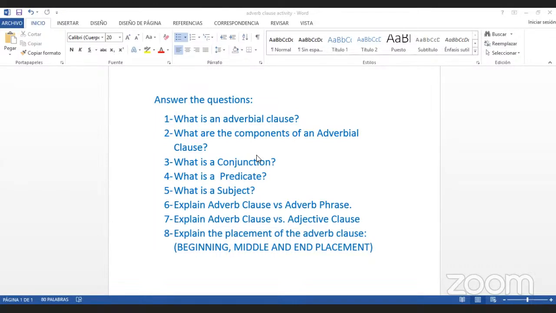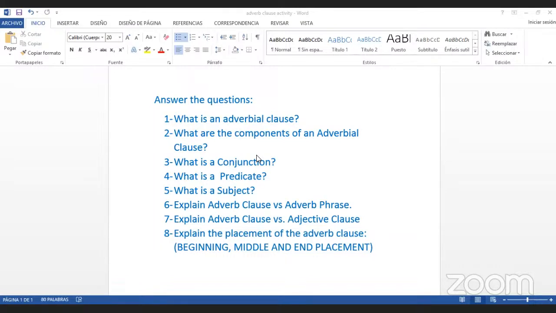That means that the clause describes or modifies a verb, adjective, or another adverb, and involves some different important information. An adverbial clause is always a dependent clause. So that means that it cannot stand on its own as an independent sentence.